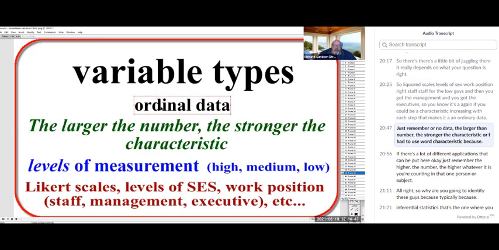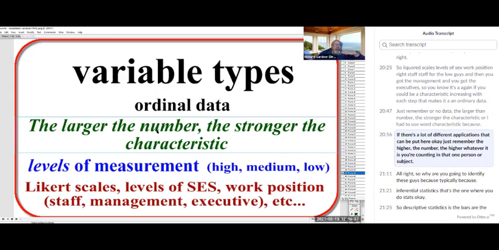Just remember, ordinal data, the larger the number, the stronger the characteristic. I had to use the word characteristic because there's a lot of different applications that can be put here, okay? Just remember, the higher the number, the higher whatever it is you're counting in that one person or subject.